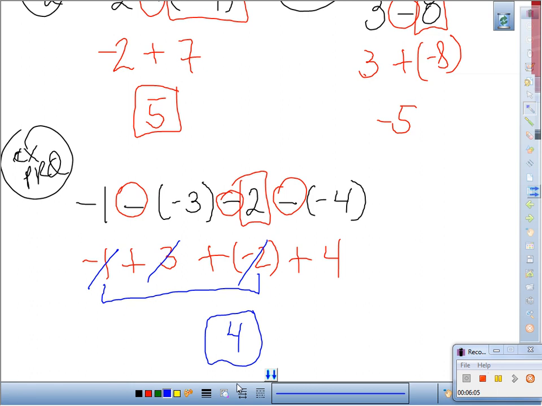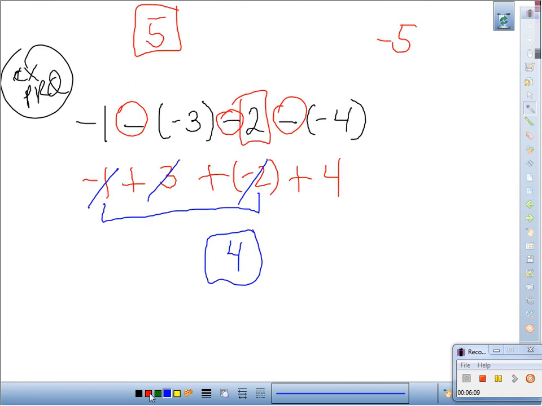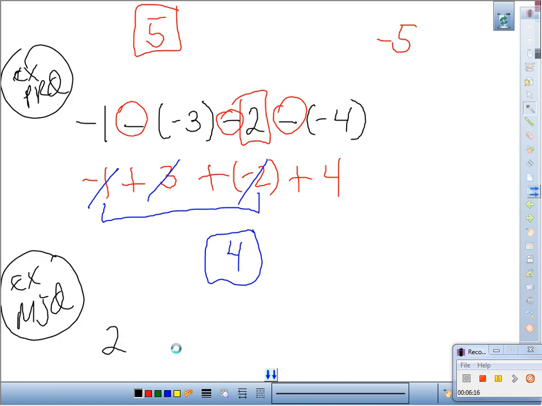Okay. One more. Here we go. Example, Michael Jordan Q. 2 minus 5 minus negative 2 minus 4. Last one. I'm going to call on someone. If they got it, we're done. If not, we do one more.